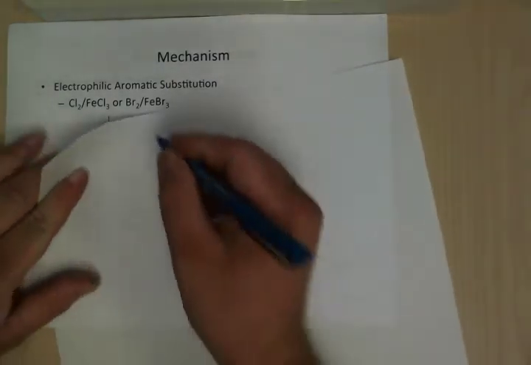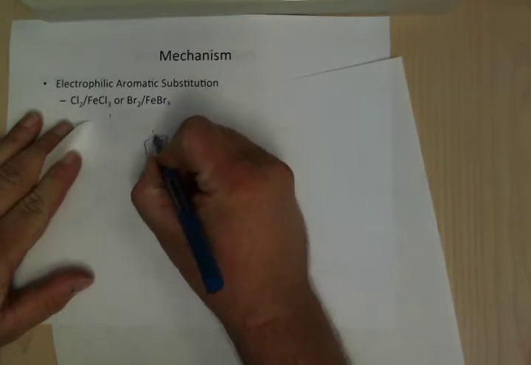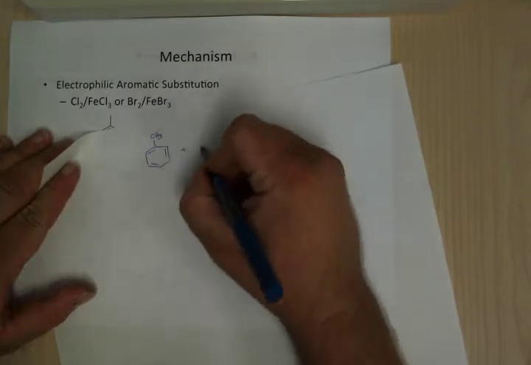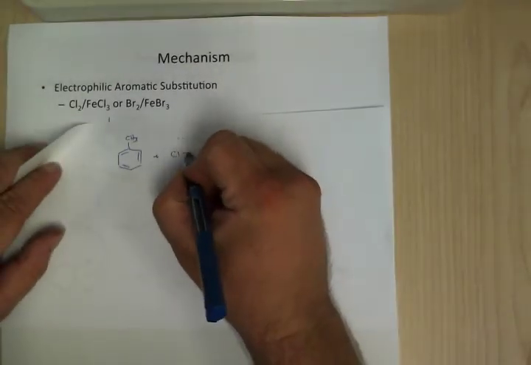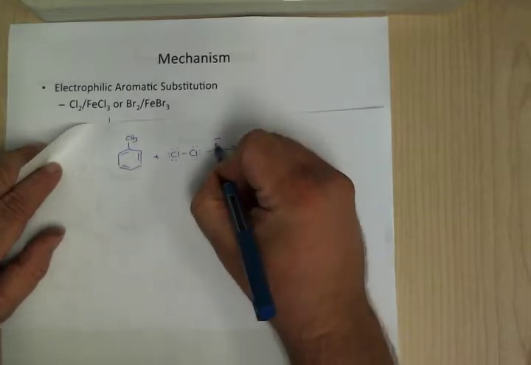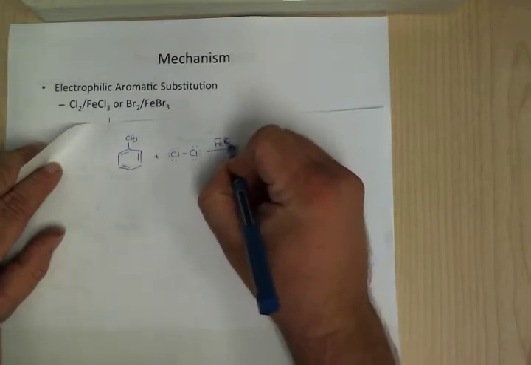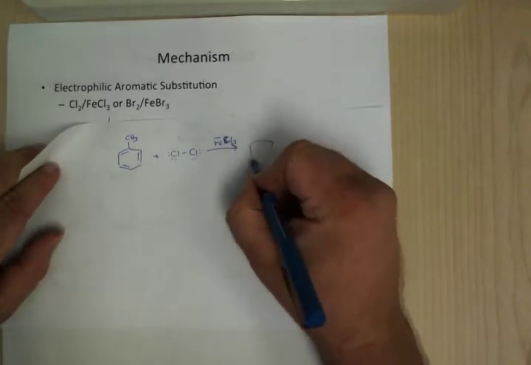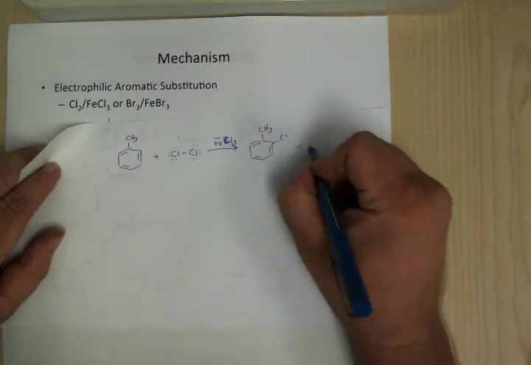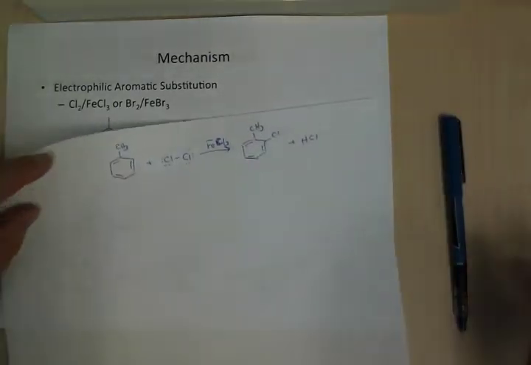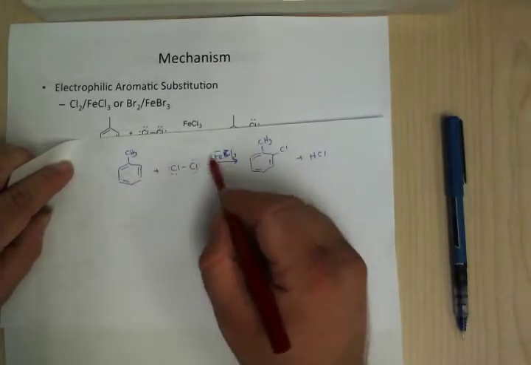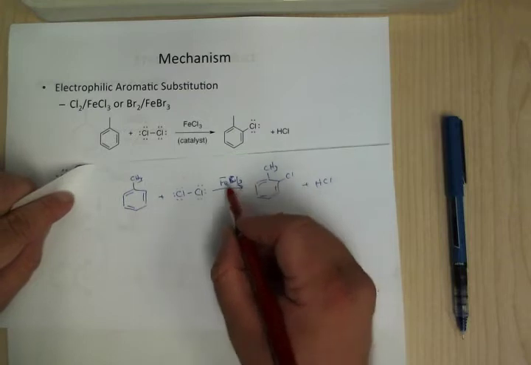So here, we added chlorines, so chlorine, FeCl3, plus HCl. First thing, we have to activate our molecule. We need to work with the catalyst. So this is our catalyst.